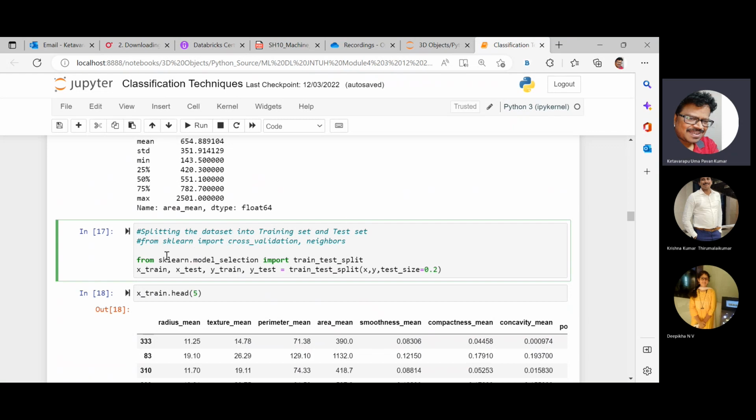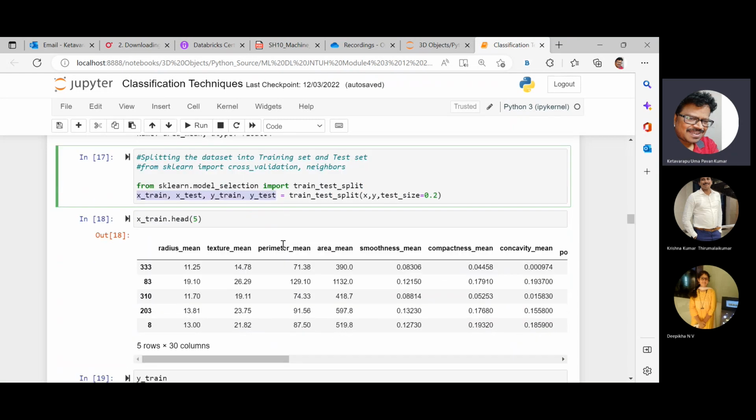Now you see here, friends, from model selection we are importing train test split, and these four terms are pillars of the evaluation: X train, X test, Y train, and Y test. Your X values are all features, Y values are nothing but outcomes.